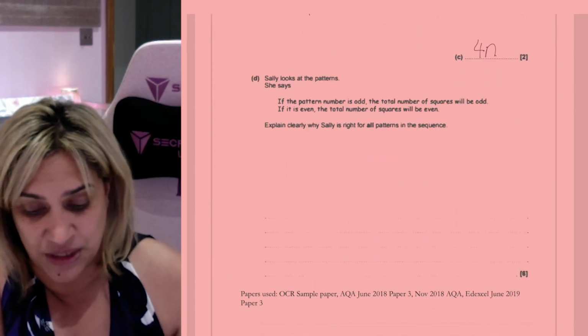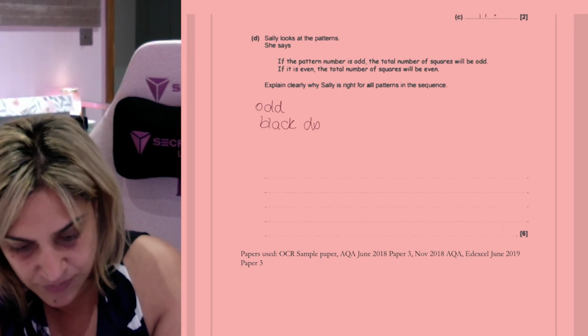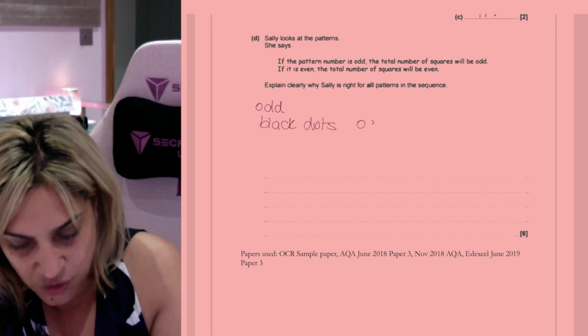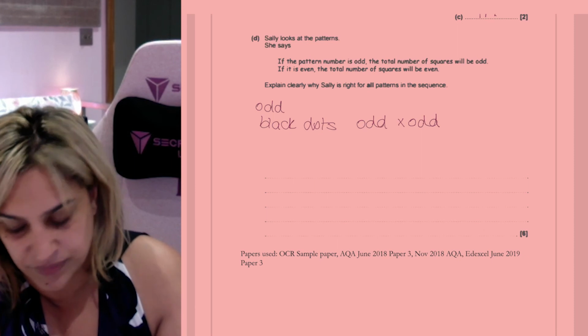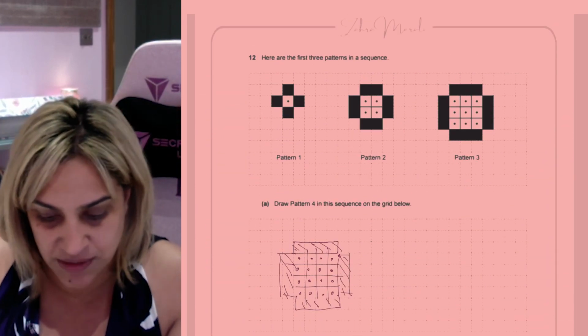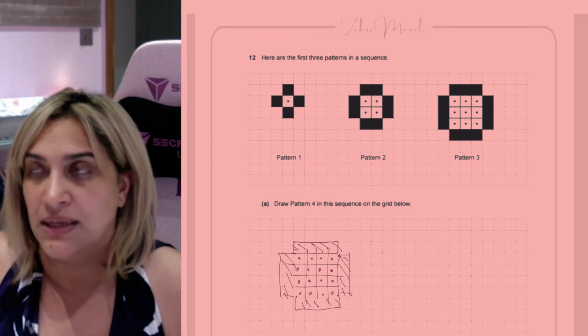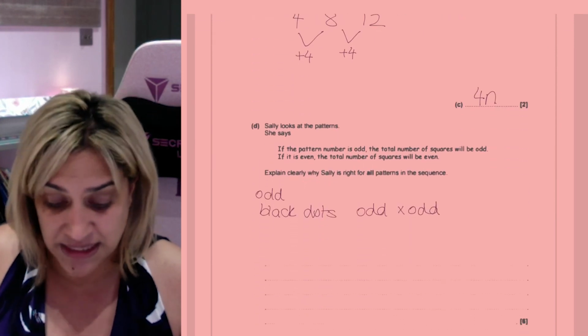So let's think what we're going to have. If it's odd, the black dots will be an odd number times an odd number. So 3 times 3 is 9. Let's take 5 times 5 is 25. 9 times 9 is 81.